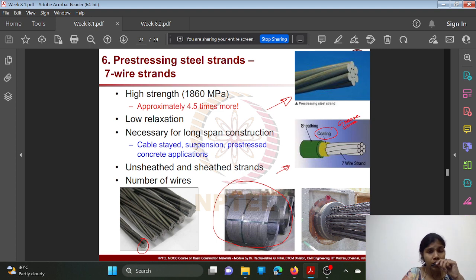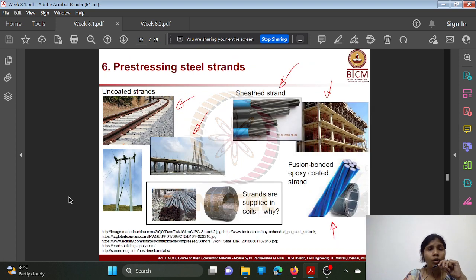These are the applications like cable stayed bridges and suspension bridges. There you can see the usage of these strands, and unsheathed and sheathed strands both exist. This is unsheathed and this is sheathed, and the number of wires will be different. Suppose in this strand the number of wires is only 3, and it will be used in making of sleepers, right?